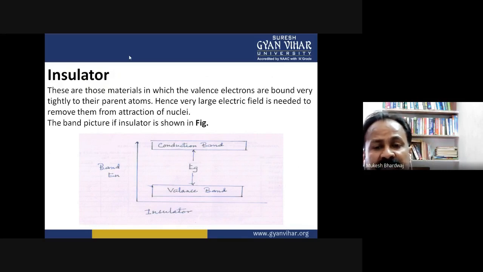But that much energy taken by the electrons dissipates more heat, and that heat destroys the material, or we can say it burns out. So at a very high forbidden energy gap, the insulator burns out, and that amount of energy is not possible to provide.